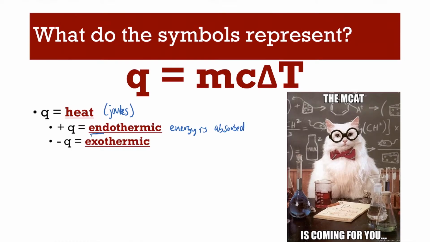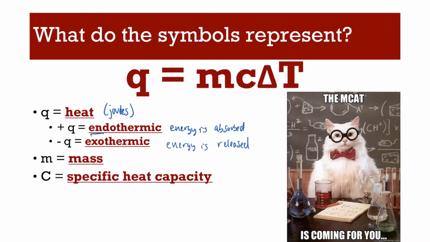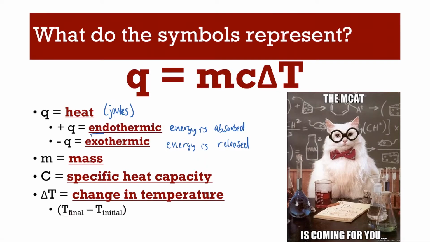If you have a Q that is negative, that's exothermic, so your energy is released. M is mass. C is your specific heat capacity. And delta T is your change in temperature.